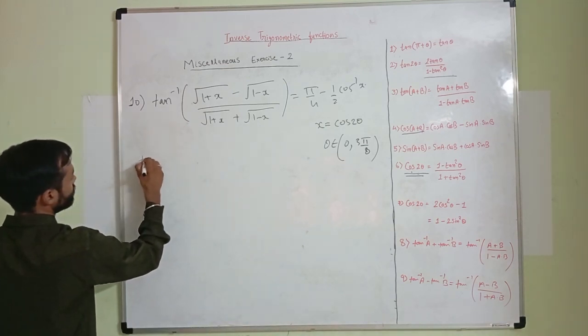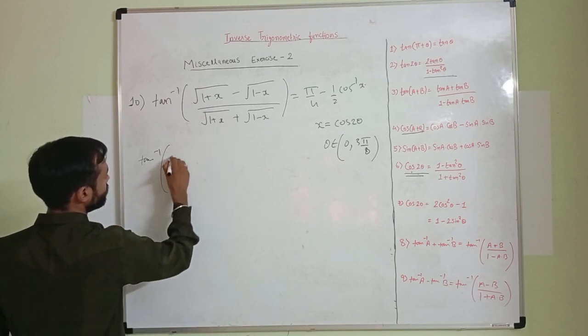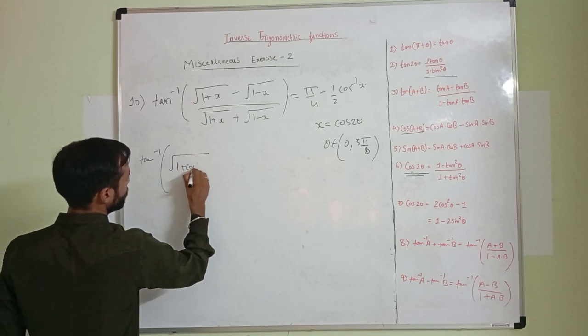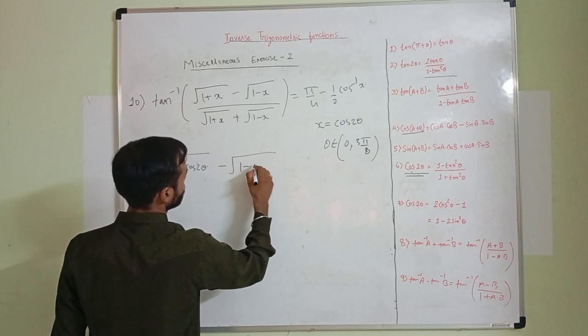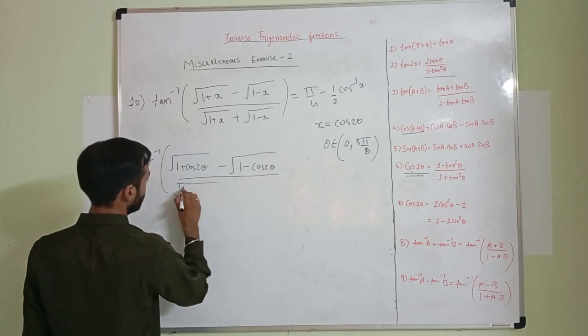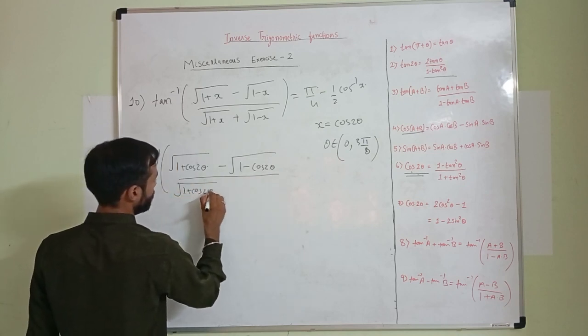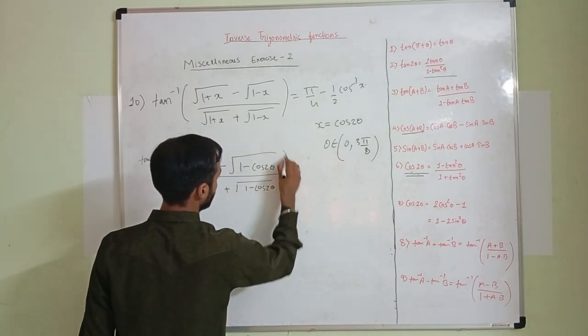Now here, in tan inverse, in place of x we are placing under root 1 plus cos 2 theta minus under root 1 minus cos 2 theta upon under root 1 plus cos 2 theta plus under root 1 minus cos 2 theta.